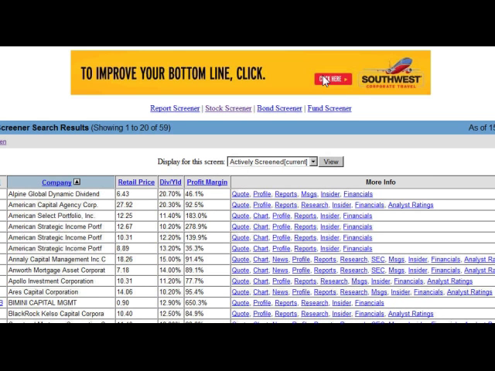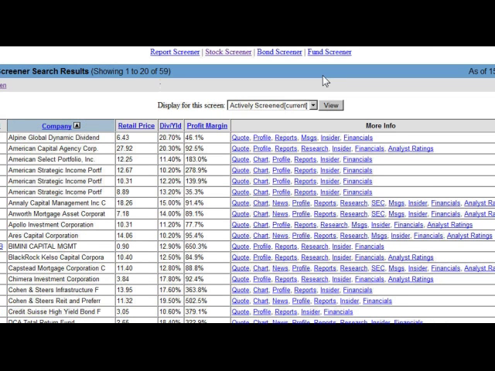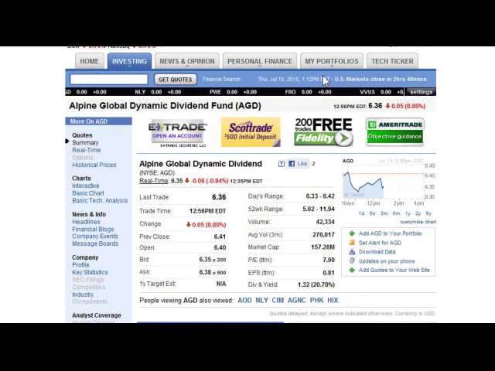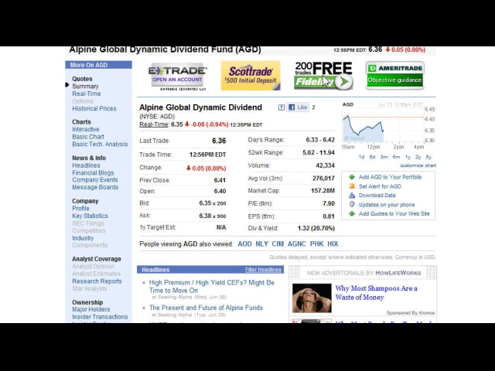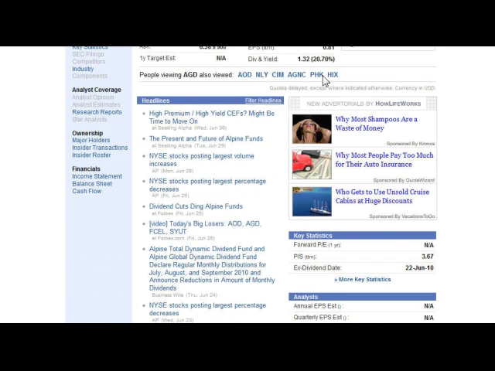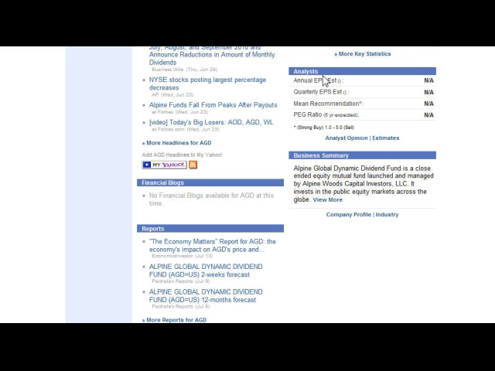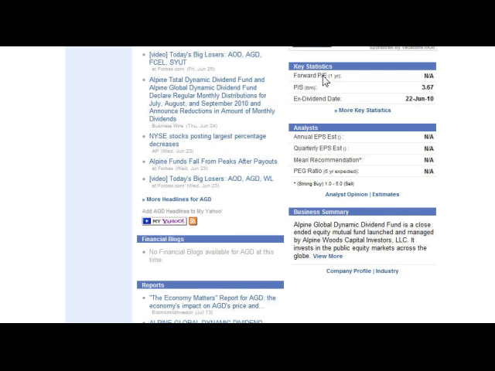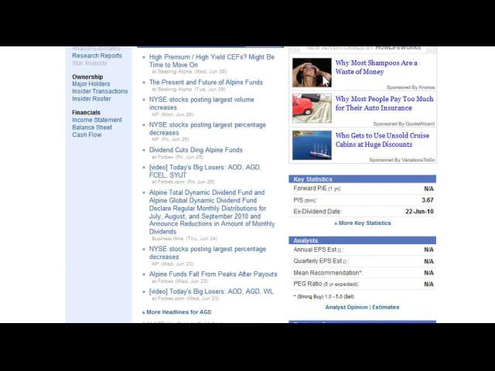First one's AGD, and that sounds like a fund. This is a fund. Okay, now it's claiming 20%. And it's a closed-end fund, which means they don't buy more shares. What they've got is what they've got. And it's only $6. They're claiming $1.32. Well, let's check it.